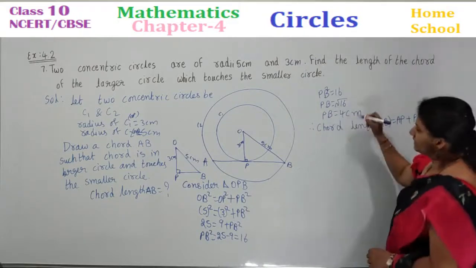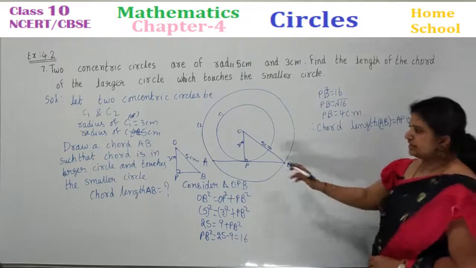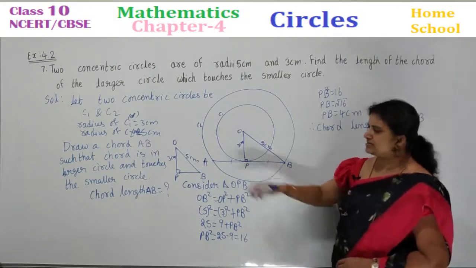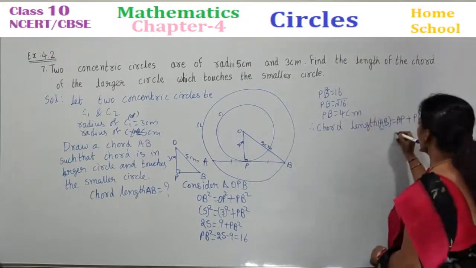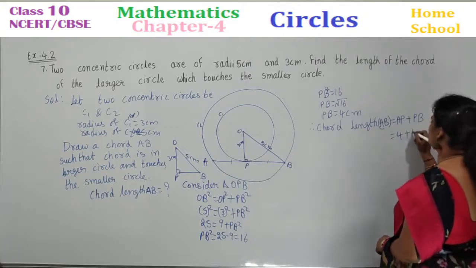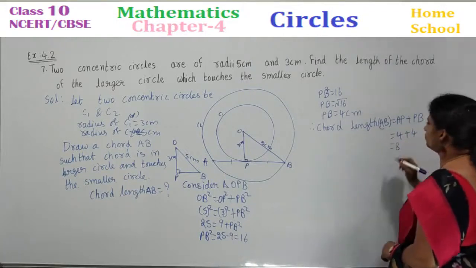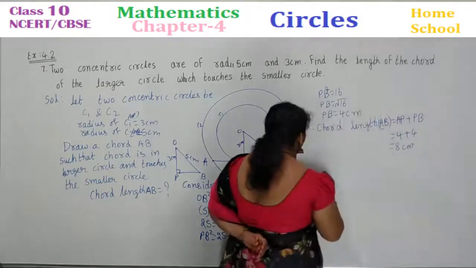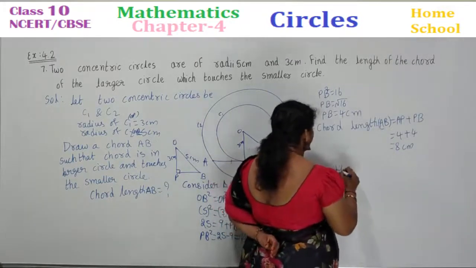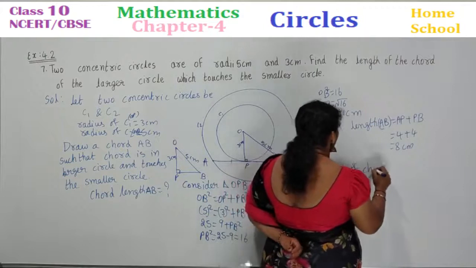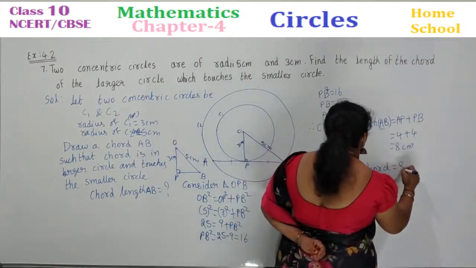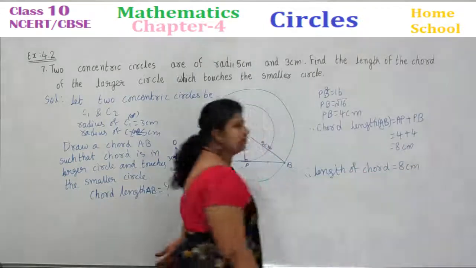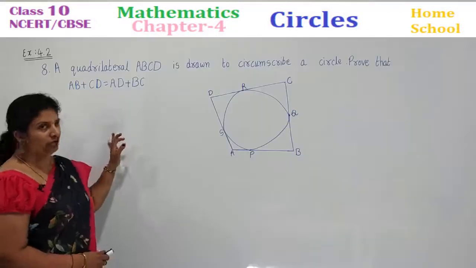We know that PB is equal to 4 centimeters. Immediately what I can say, PB is equal to AP. AP is 4, PB is also 4. 4 plus 4, 8. Therefore, length of chord is equal to 8 centimeters. That is your answer.